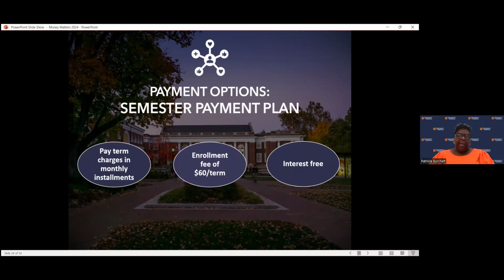The longest can be a 5-month payment plan that normally would start in June, or it can be a 3-month payment plan. However, there is a $60 fee per term for that, and there's no other interest added.